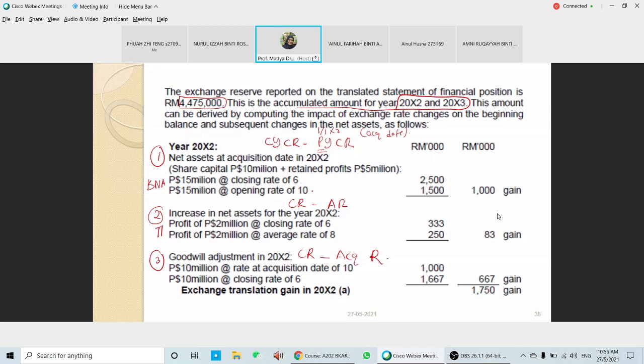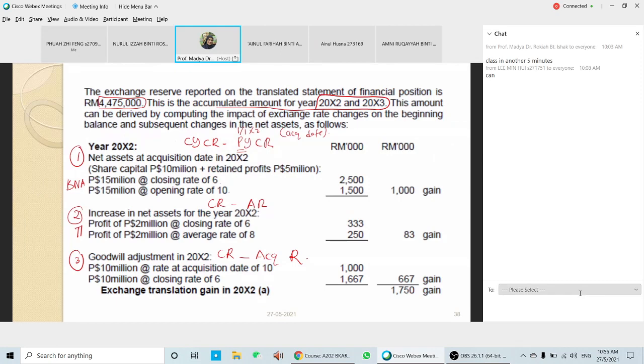So the difference that you have here is 4. If you look at here, it's 4. So you're going to have 4, and we got 15. So this is what you have.